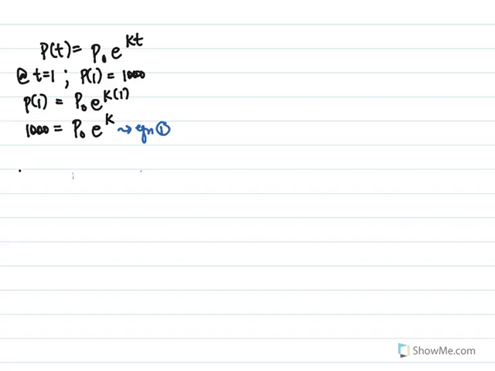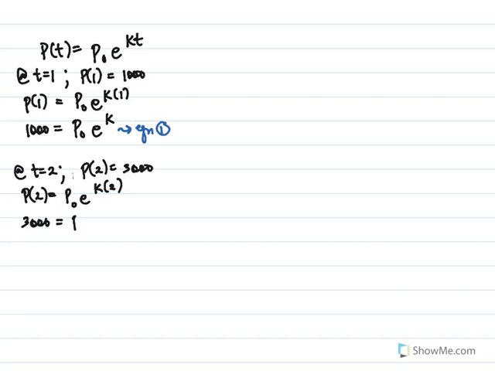And then we impose the other condition at t equal to 2. P of 2 is equal to 3,000. So substitute again, P of 2 equals P naught e to the k times 2, or that's 3,000 equals P naught e to the 2k.